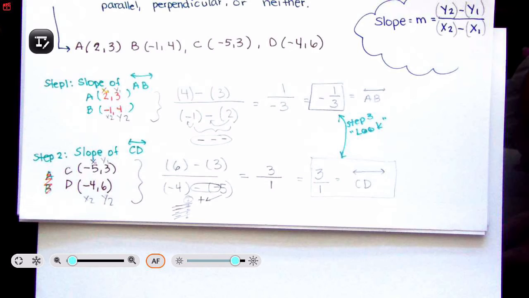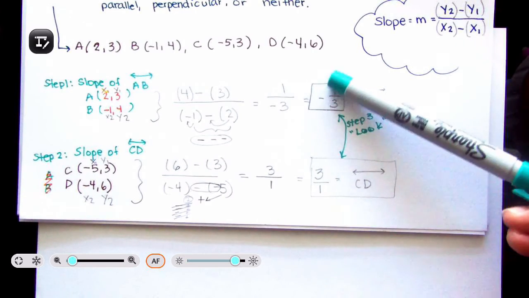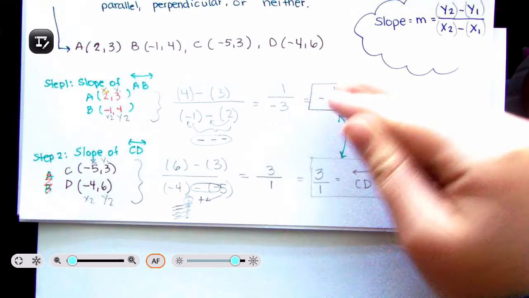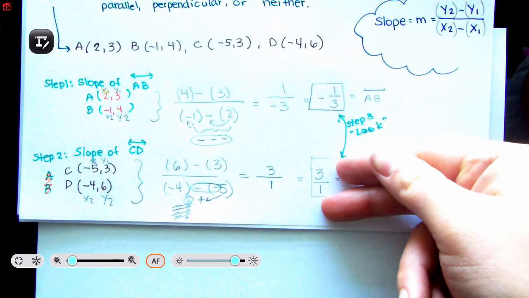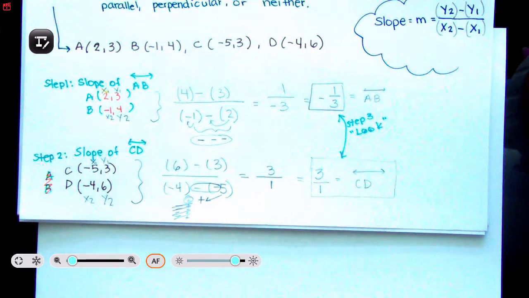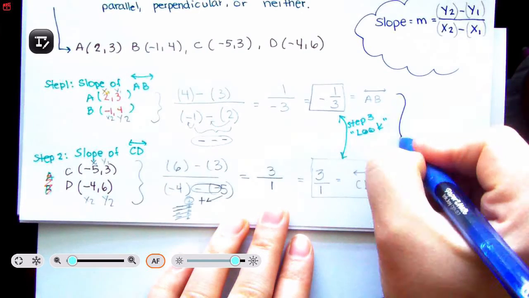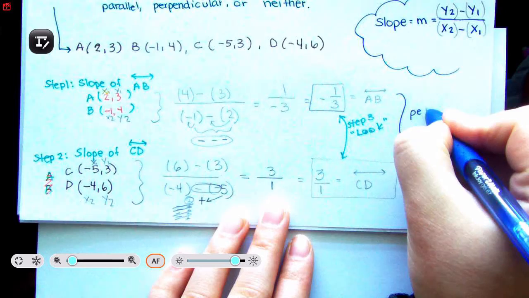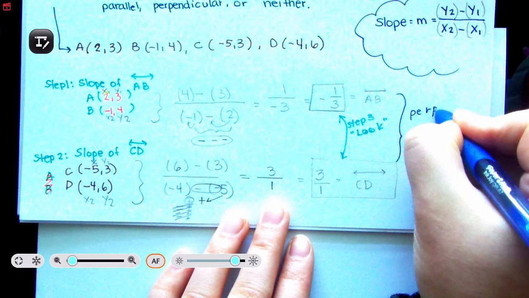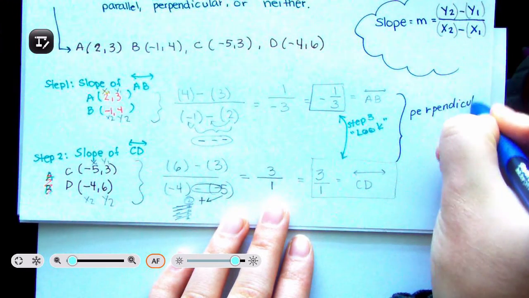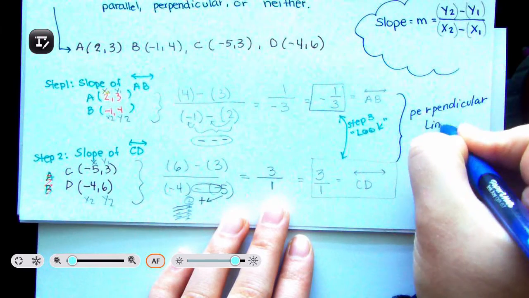Then, in order to for sure have perpendicular lines, I need my fractions to be reciprocals of each other. So I take this fraction and flip it, and it needs to match this one here. And in fact, it does. So my answer for number 1 is that we do in fact have perpendicular lines.